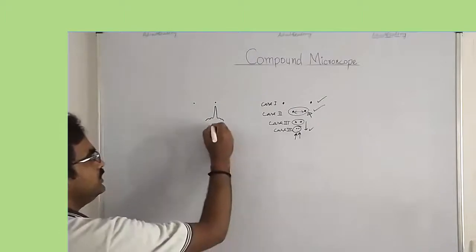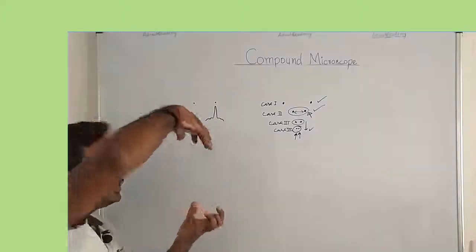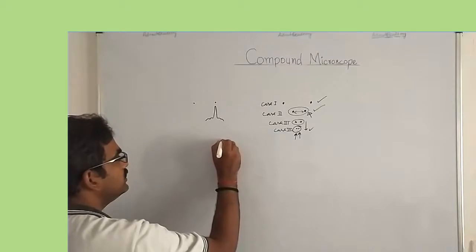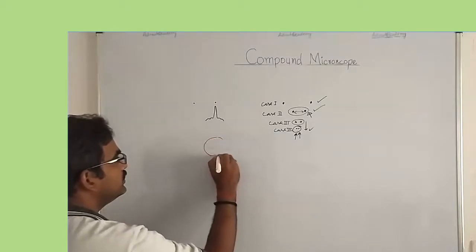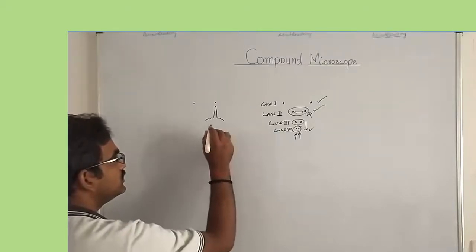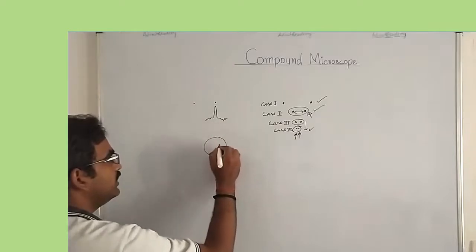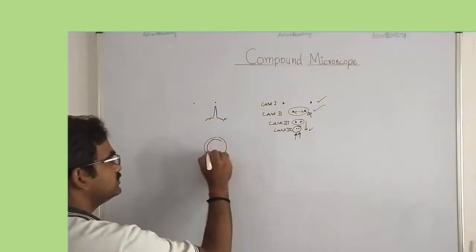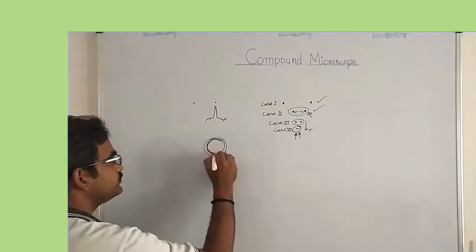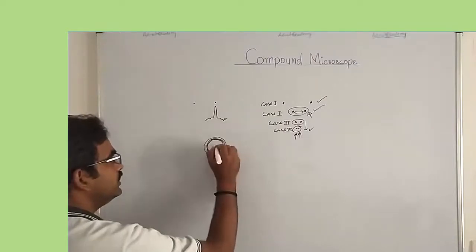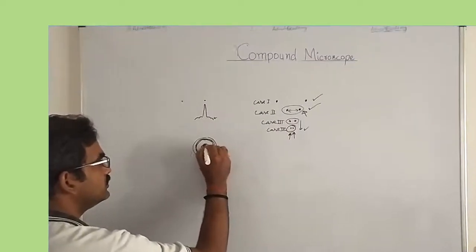If I look from the top, what I can see is the first one, then there is a second one, and there is a third one.